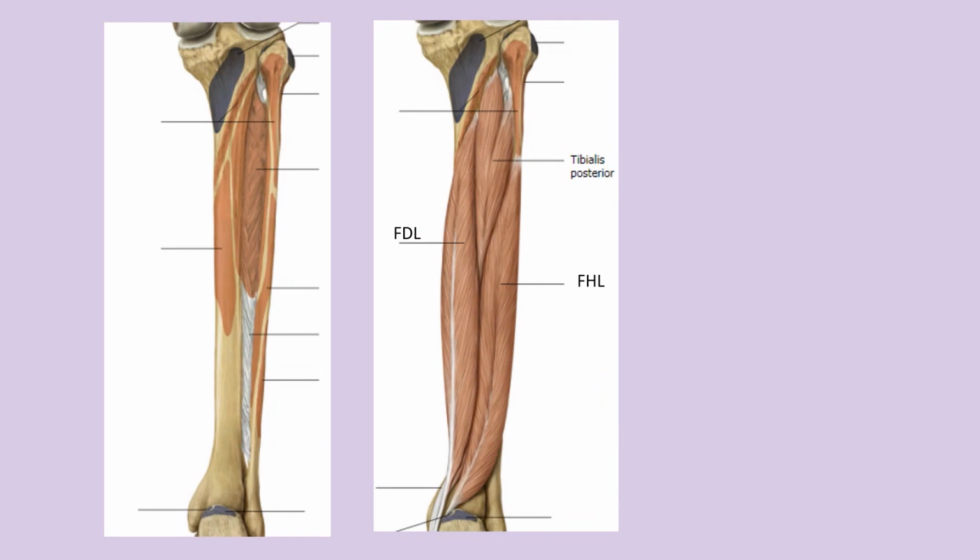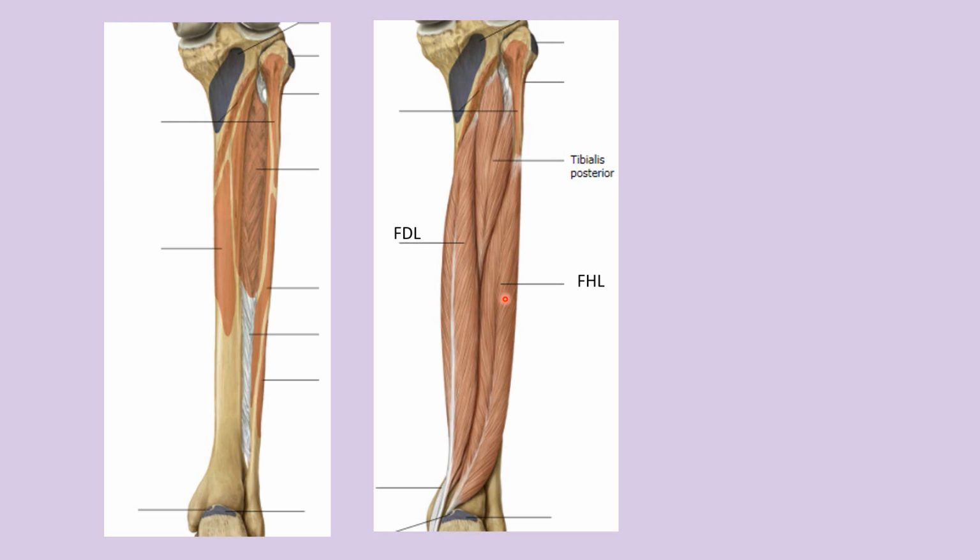We are looking at the extrinsic muscles of the foot in the posterior compartment once again. This is tibialis posterior, which is seen here. This is flexor digitorum longus, and flexor hallucis longus. When we look at these muscles in dissections, flexor hallucis longus has the bulkiest mass, because flexion of the great toe is stronger than flexion of the other 4 toes.